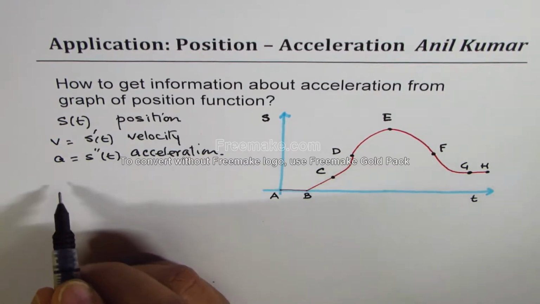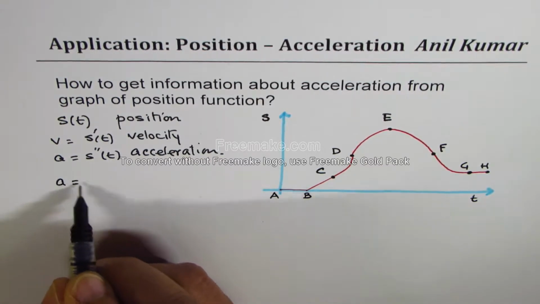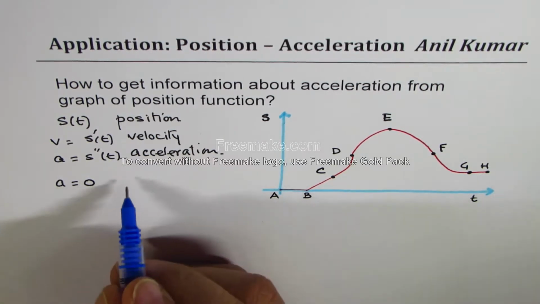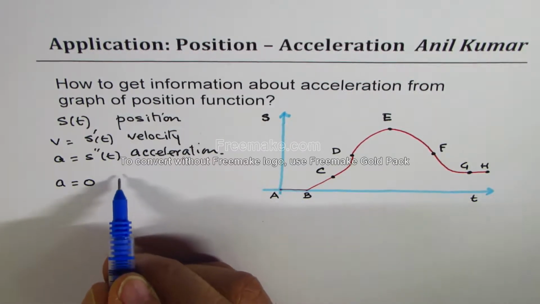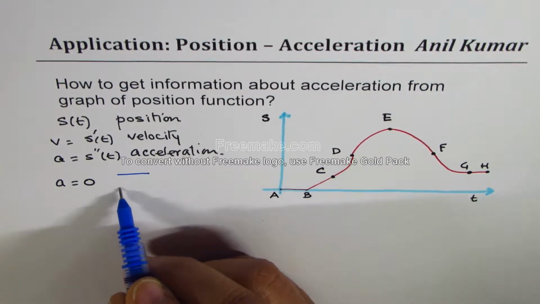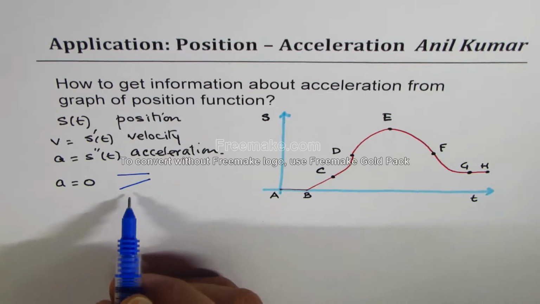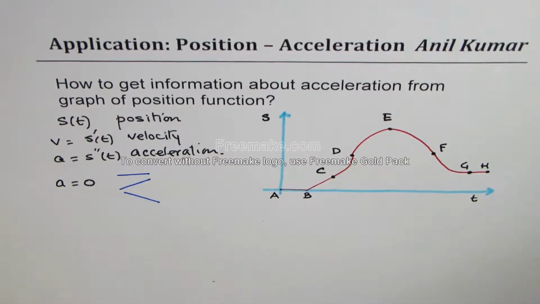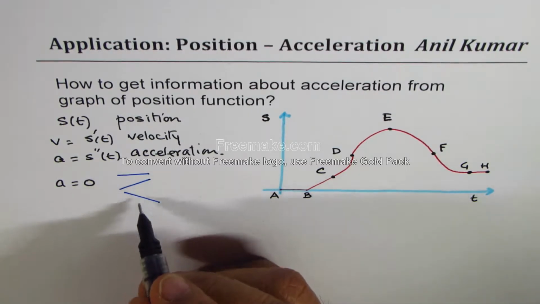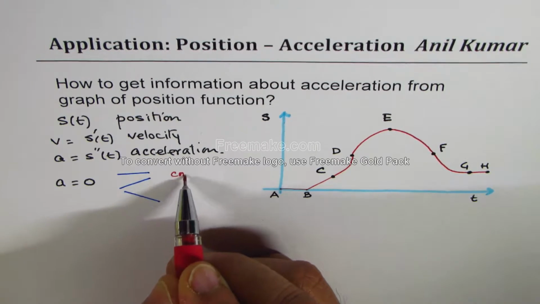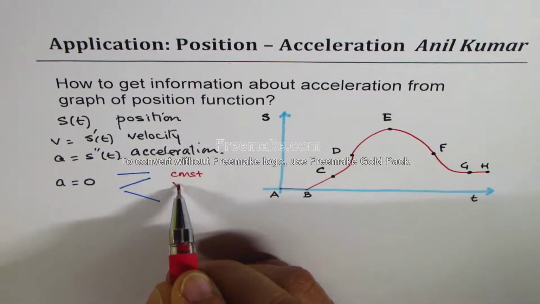So let's consider when acceleration will be equal to 0. For acceleration to be 0, it could be a horizontal line, it could be a line going like this, or a line going like this, right? All these indicate constant velocity.